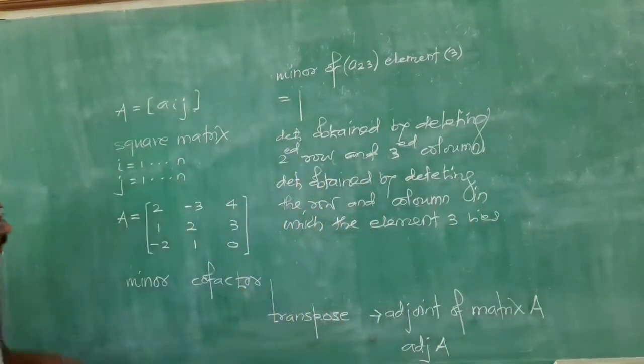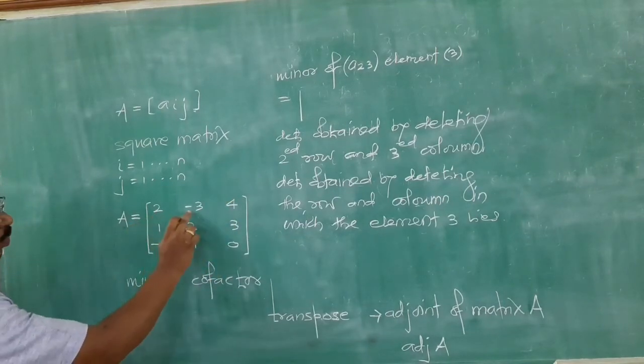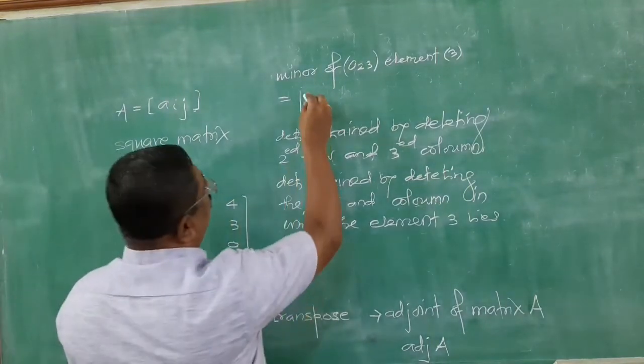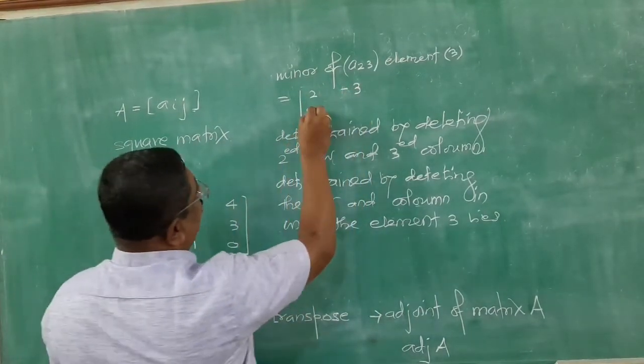It means obviously we remove the second row, third column, and the elements are 2, minus 3, minus 2, 1.